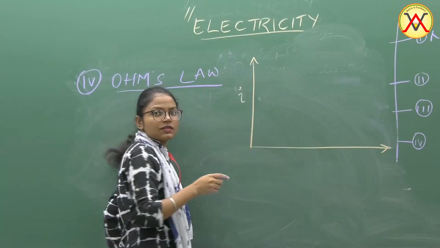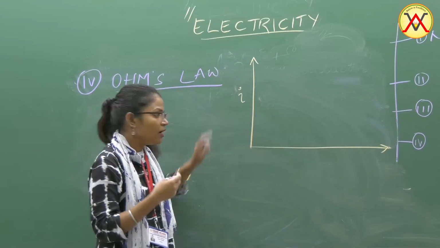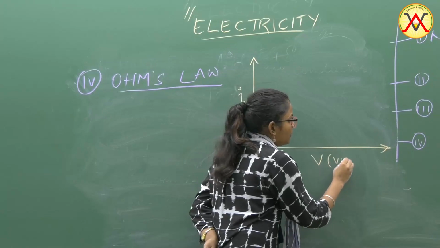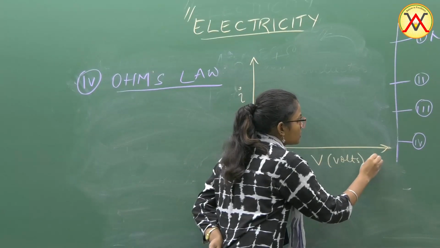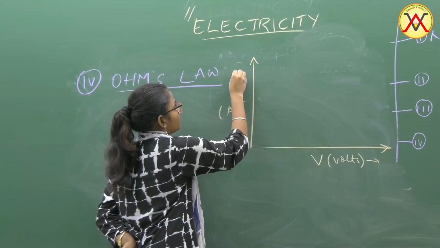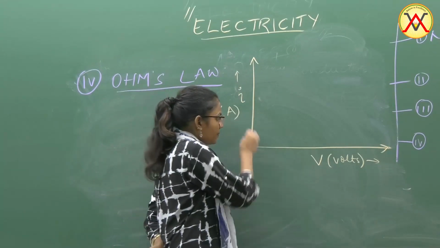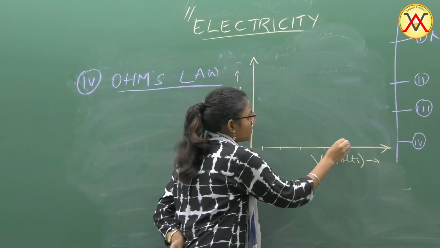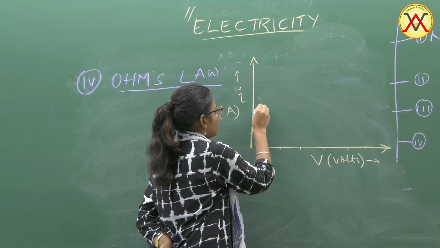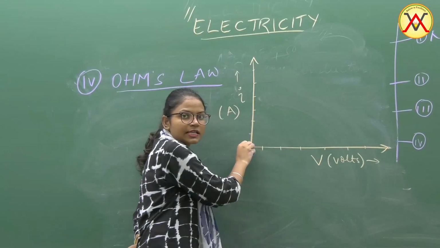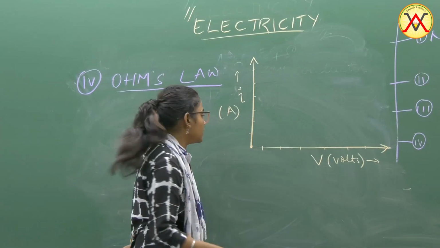On the y-axis, we will be plotting our I. On the x-axis, we will be plotting our V. This will be in volts. This will be in amperes. Okay. Ohm studied that when potential difference was 0, current was 0 in the circuit.